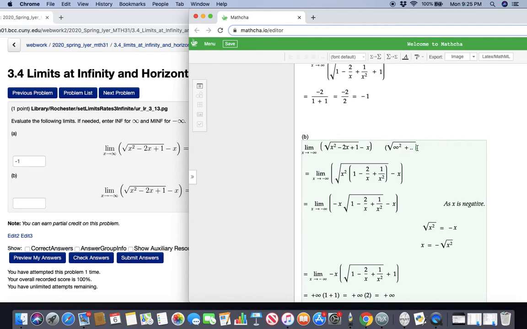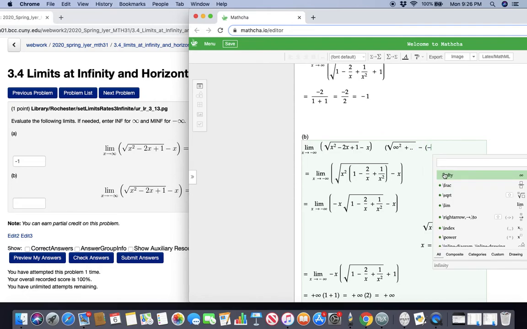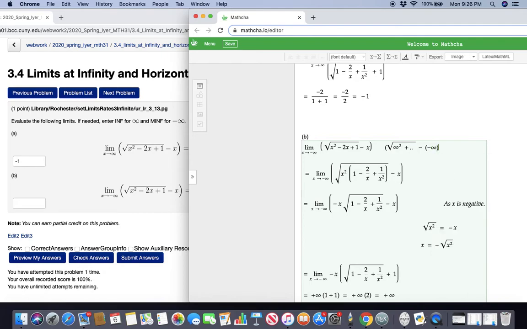On the other hand, what is this? Minus of negative infinity. Do you see that? So this looks promising, because this looks to me like an infinity plus an infinity situation.